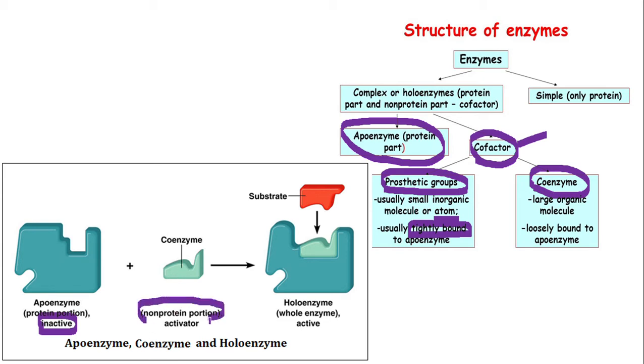Coenzyme is an organic molecule, but it is not proteinaceous in nature and it is an activator. Now you see, this is the apoenzyme, this is the coenzyme. Together they make up the holoenzyme and the holoenzyme is active. That holoenzyme is going to interact with the substrate and act upon it to convert it into products.